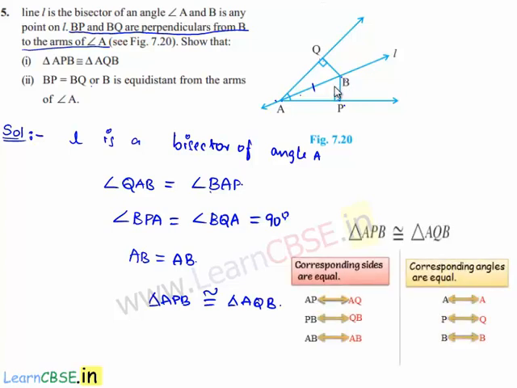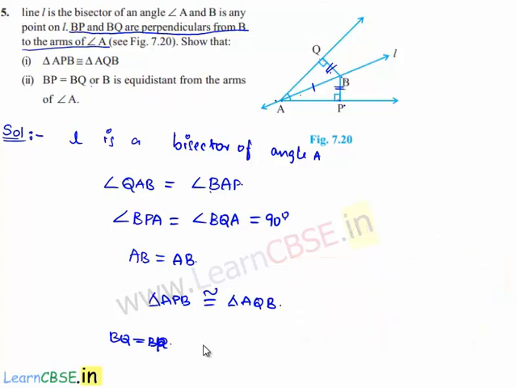Therefore, we can also say that BP will be equal to BQ. That is, B is equidistant from arms of angle A, or else we can write the statement as B is equidistant from arms of A.